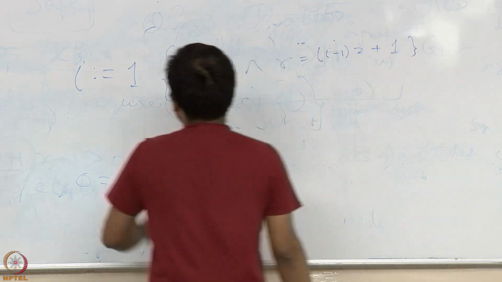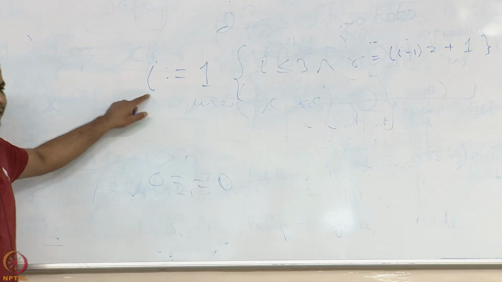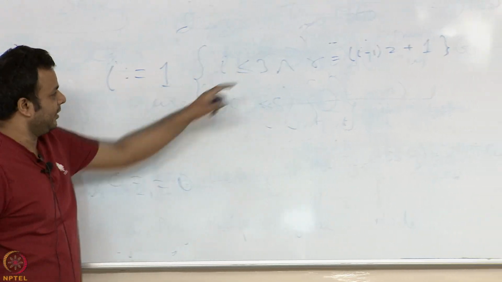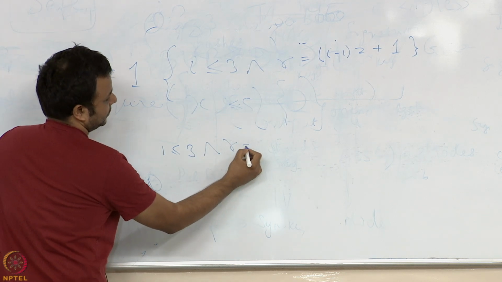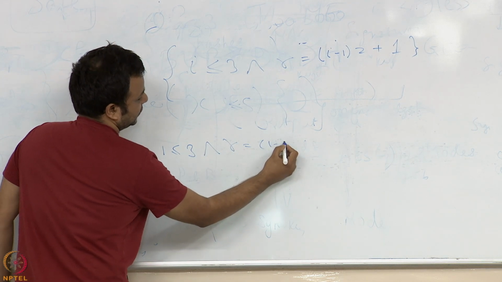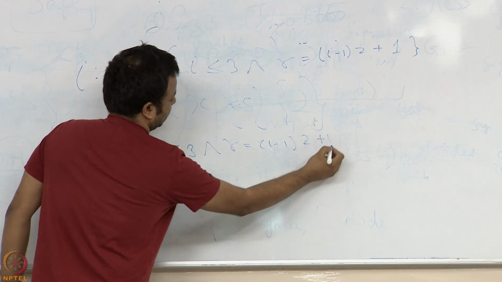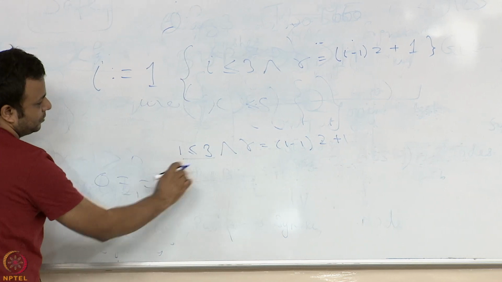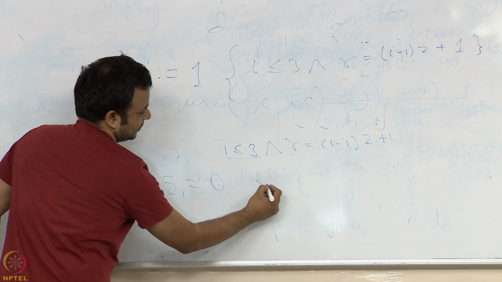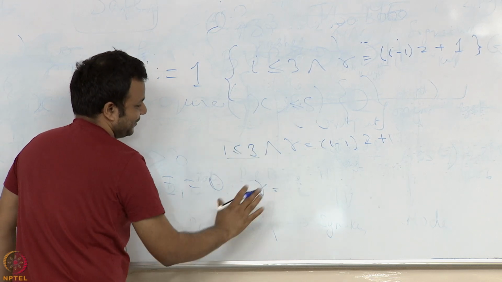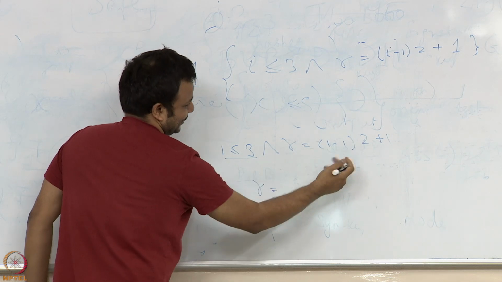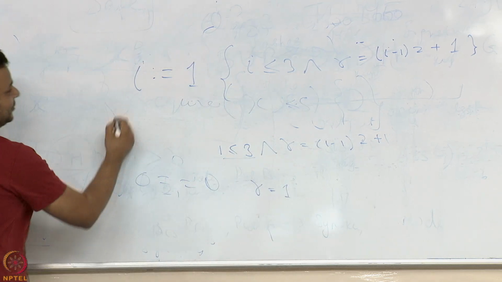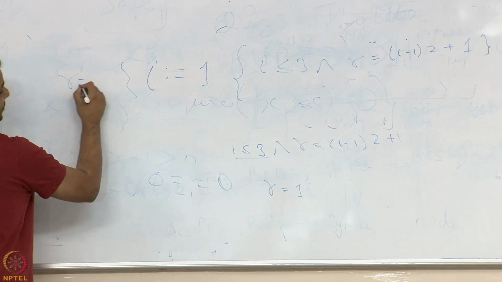So how do I get this formula? Put the value of i equals 1 there. So it becomes 1 less than or equal to 3, r equals (1 minus 1) times z plus 1. The first part gets to true, so it has a meaning but no effect. Then 0 times z is 0, so it's r equals 1.